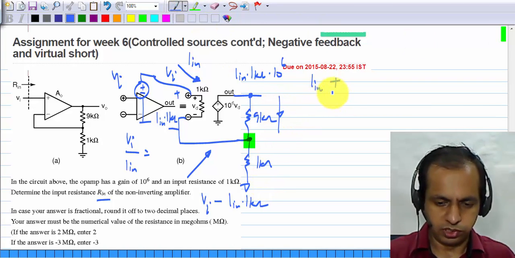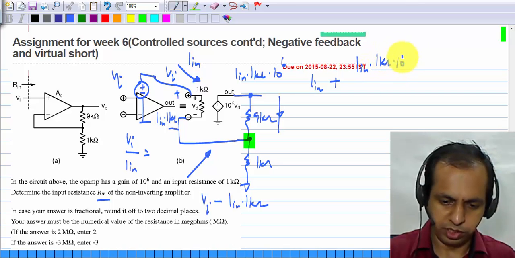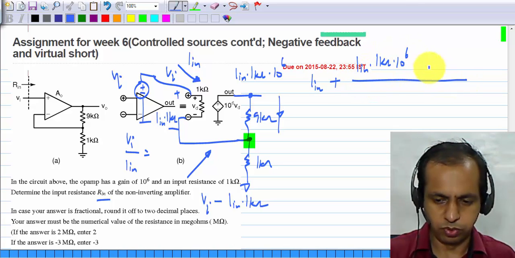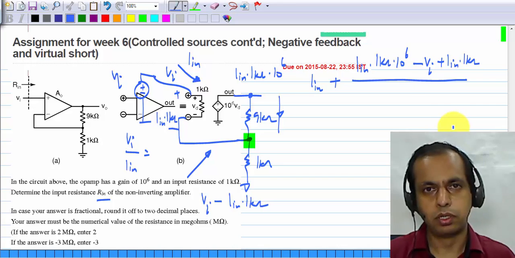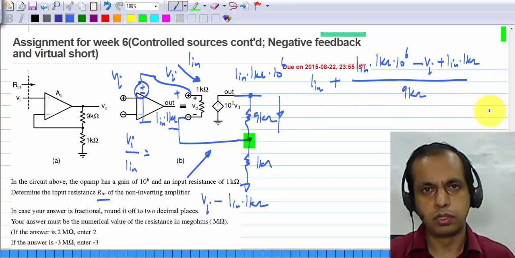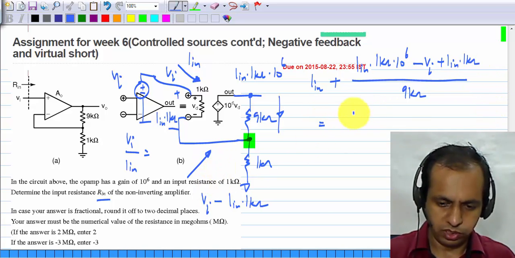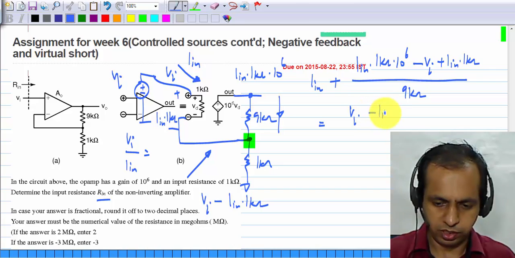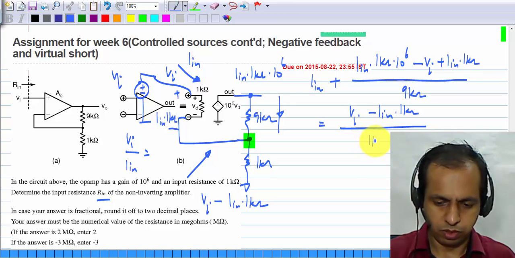So the current through this is In times 1 kilo ohm times 10 to the 6, that's the output voltage, minus the voltage here, which is Vi minus In times 1 kilo ohm, divided by 9 kilo ohm, and the whole thing equals this voltage Vi minus In times 1 kilo ohm divided by 1 kilo ohm.